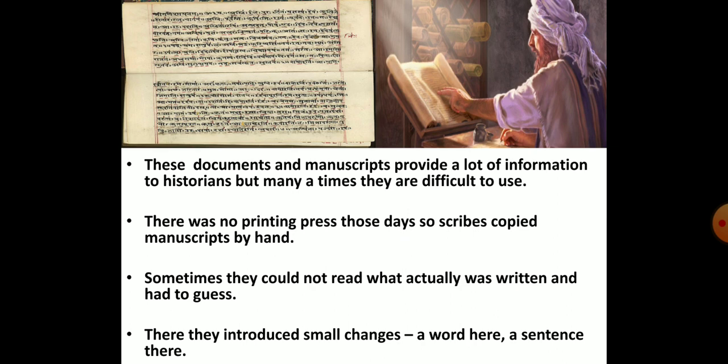Actually, in those days, scribes copied manuscripts by hand as there was no printing press. So, when scribes copied manuscripts, sometimes they had to guess what was written, and there they introduced small changes, a word here, a sentence there.